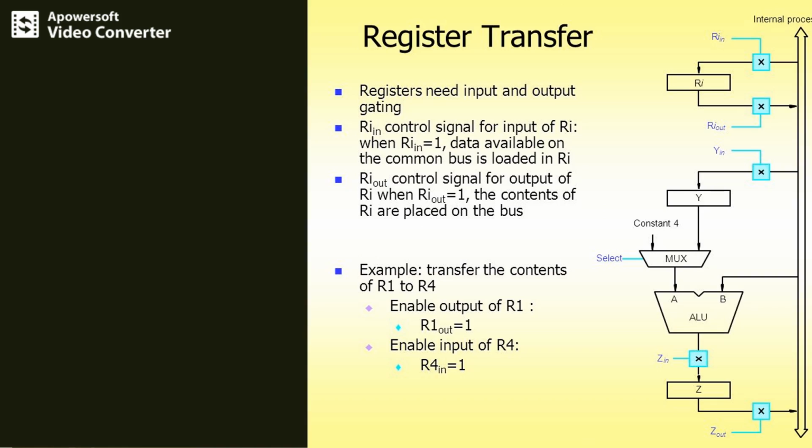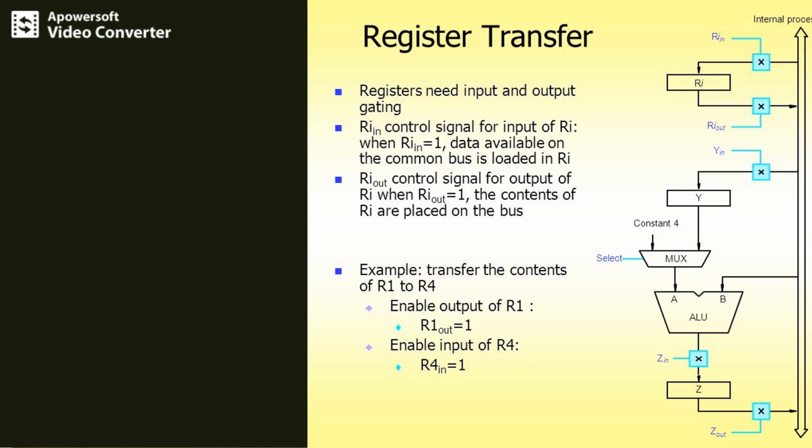So the registers need input as well as output gating signals. When Rin, the control signal for input of Ri, is equal to 1, data is loaded into the register Ri. When Ri out, the control signal for output of Ri, is equal to 1, the contents of Ri are placed on the bus.